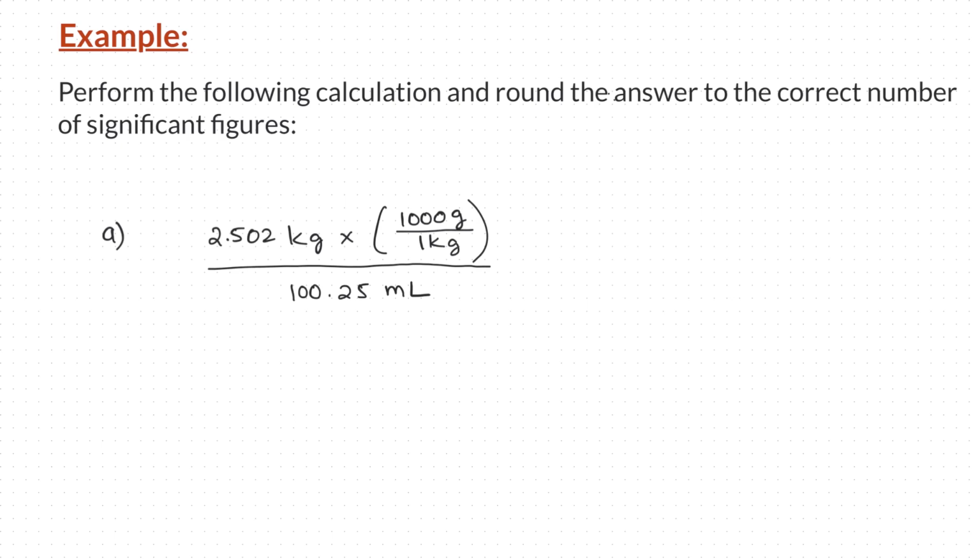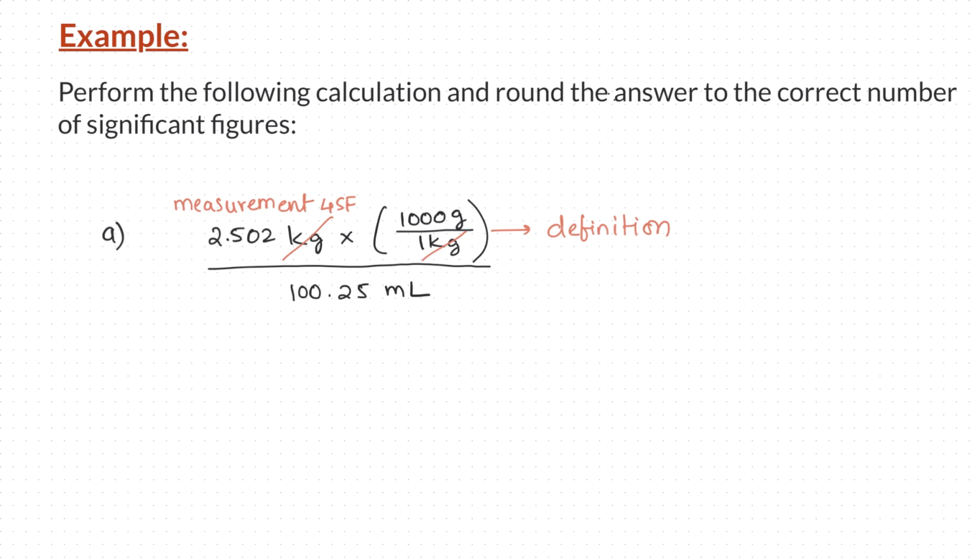Perform the following calculation and round the answer to the correct number of significant figures. First, let us identify measurements and exact numbers. 2.502 kilograms is a measurement and has 4 significant figures. And it seems like we are converting kilograms into grams using a conversion factor that is 1000 grams per kilogram. This is a definition.